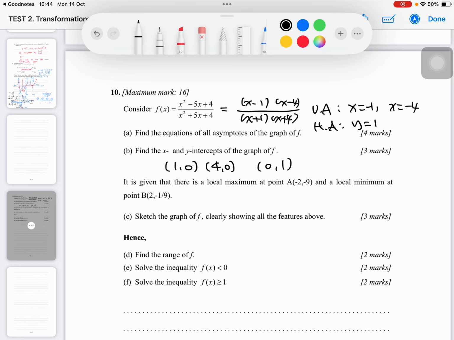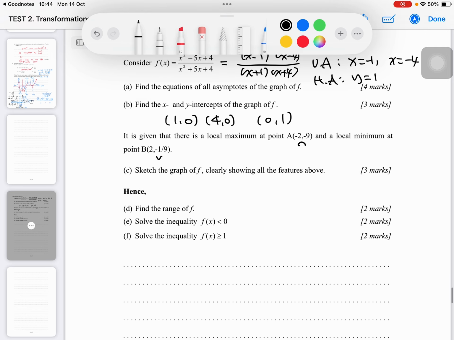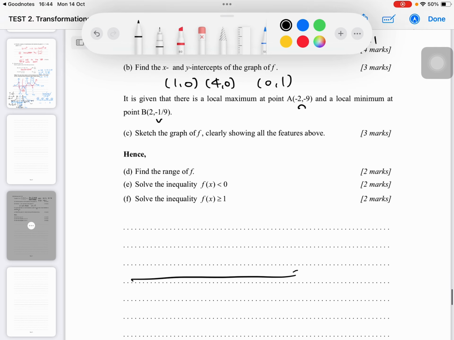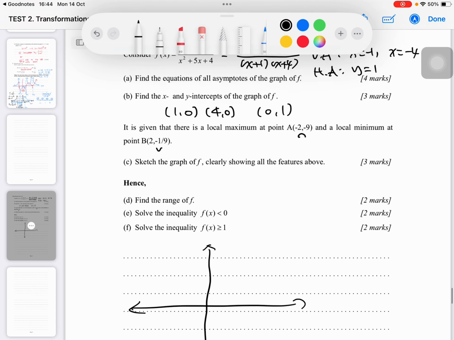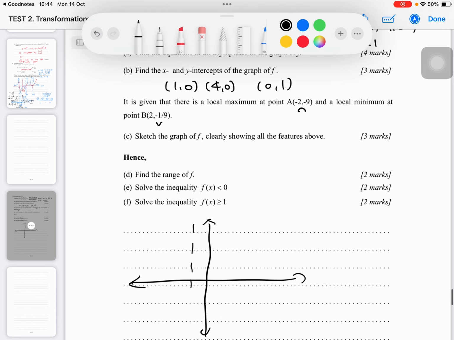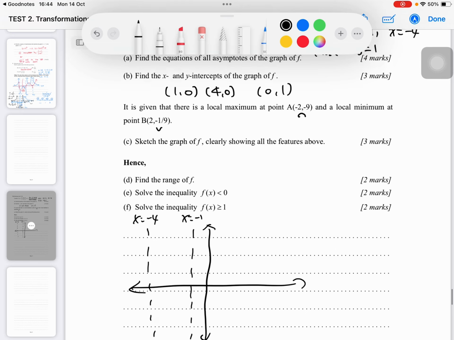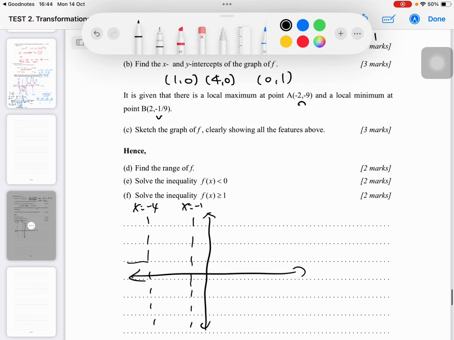So given a local maximum looks like this, local minimum looks like this. So now we will sketch the graph. So let's do that. Vertical asymptotes at negative 1 and negative 4. Horizontal asymptote is y equals 1, with points 1, 0, 4, 0, 0, 1.